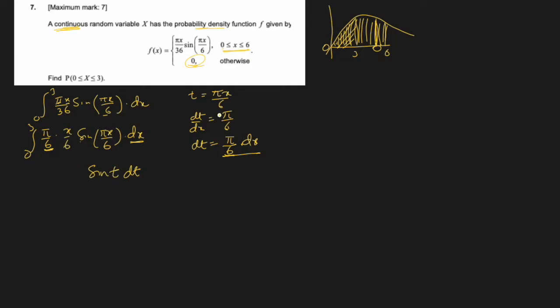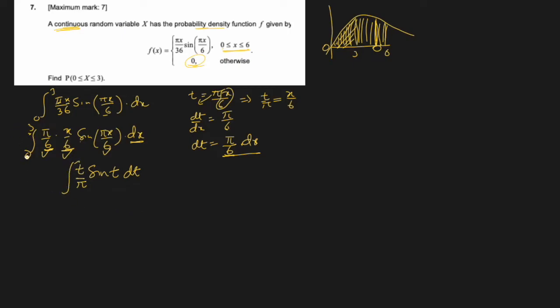Now x over 6 will be t over pi. Yeah, if I cross multiply this, bring this pi here. So in place of x over 6, I can write t over pi, and dt has been taken care of, and this becomes our new integration.